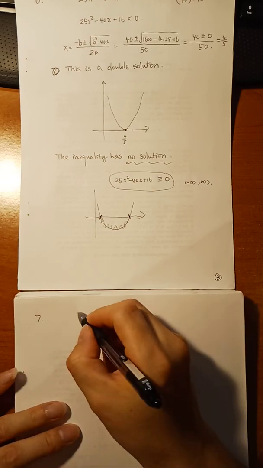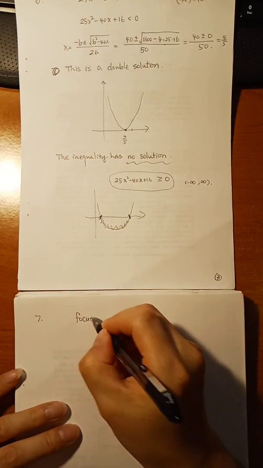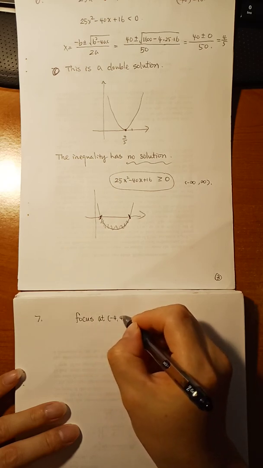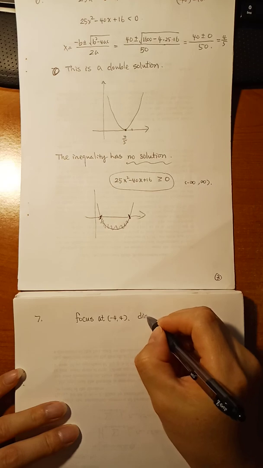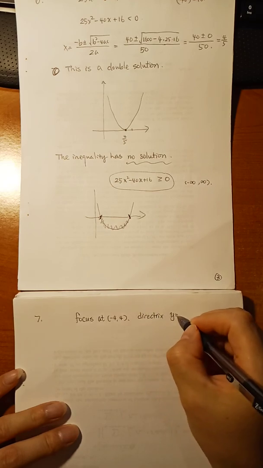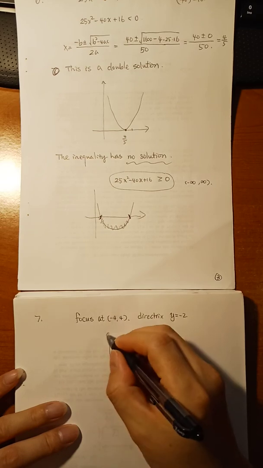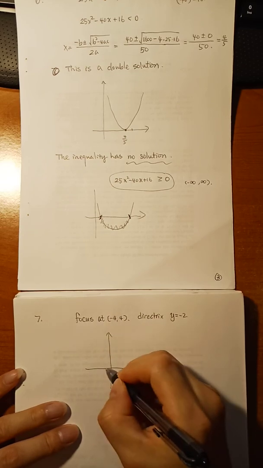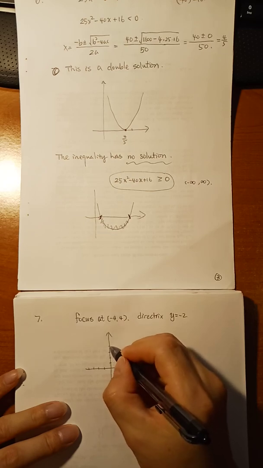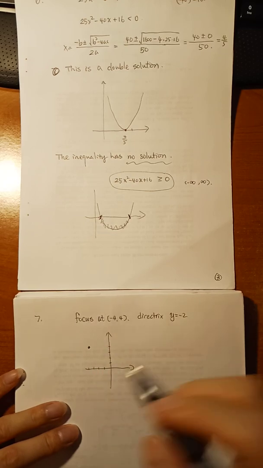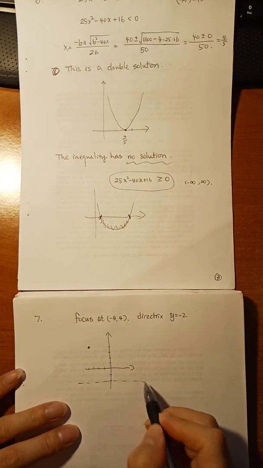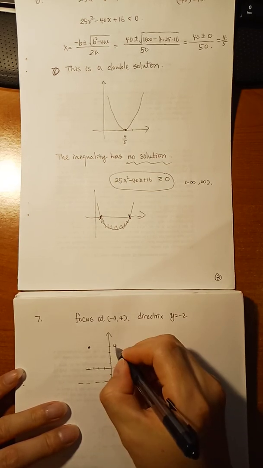The focus is at (-4, 4). The directrix is the line y equals negative 2. So let's draw it. This is the focus, (-4, 4). This is the directrix, negative 2, and this is 4.